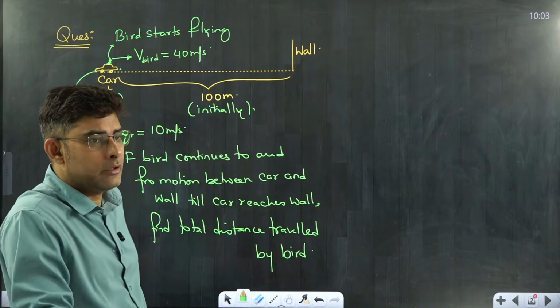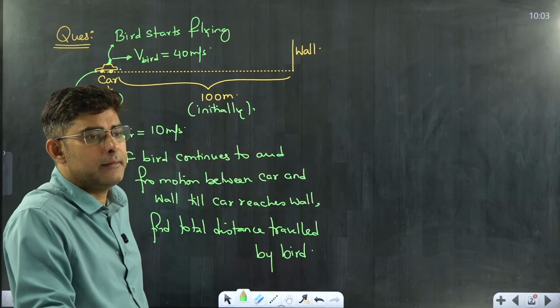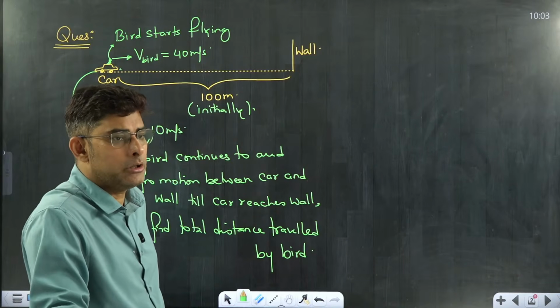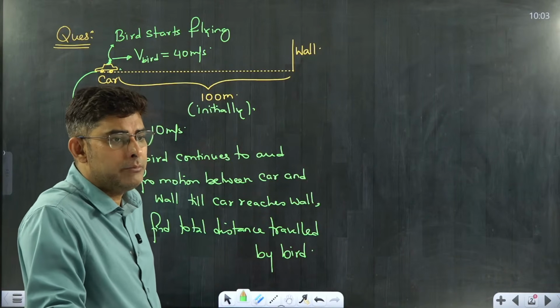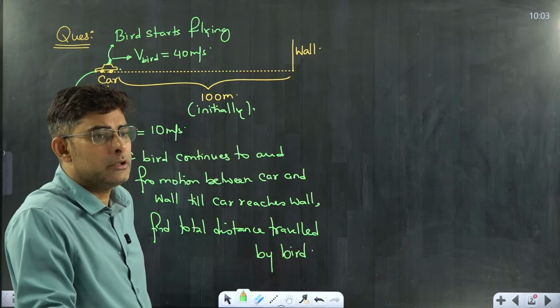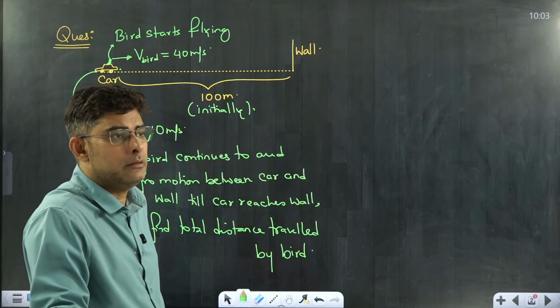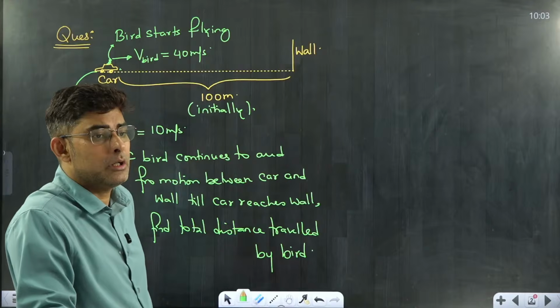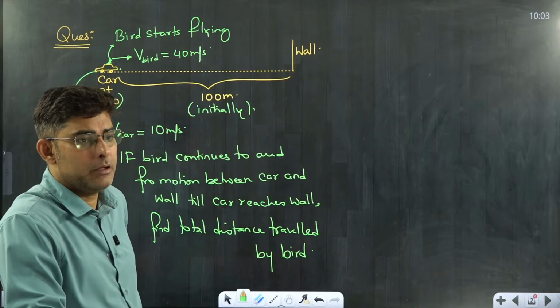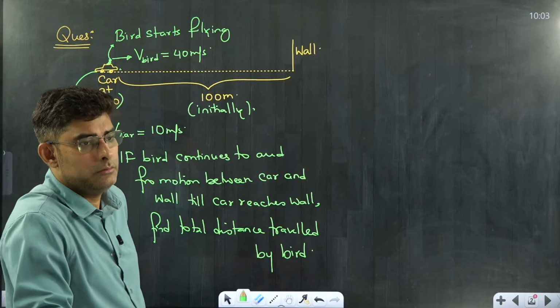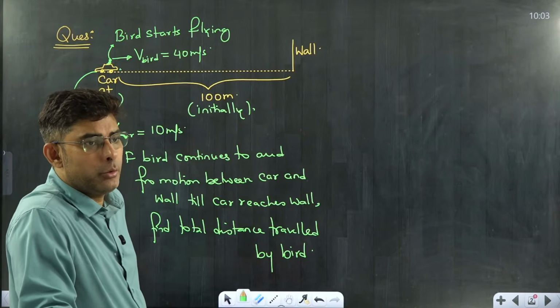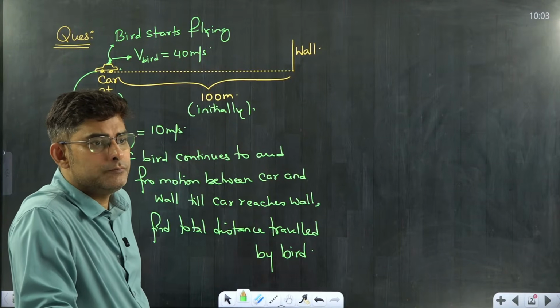I just want the answer to that. Some are giving the total distance traveled, but I am not interested in that presently. I want the total number of trips that the bird will make before the car reaches the wall. I want to hear from some of you.